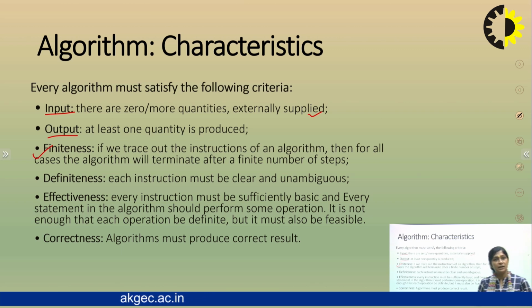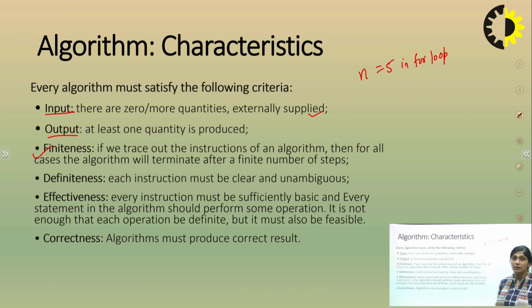I am taking an example of a for loop. Suppose there is a number n, and n equal to 5 in the for loop. Means when you have a number more than n, then the loop will be terminated.